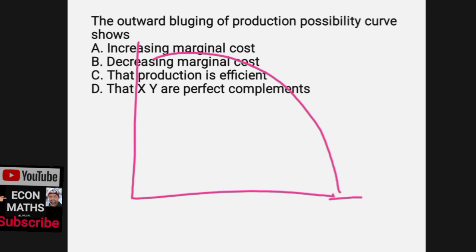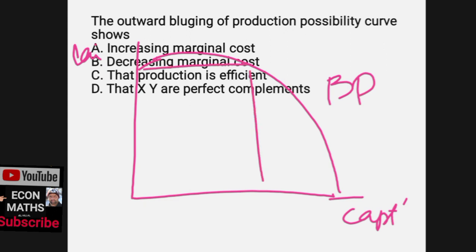If we have here capital and here we have labor, let us say, the concavity of this PPC is because of the increasing opportunity cost.